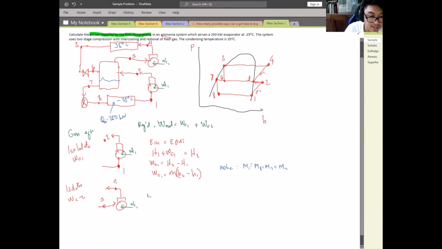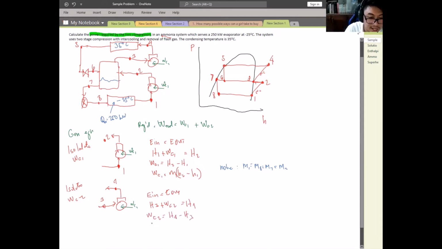So, energy in is equals to energy out. So, ang energy in natin dito, walang iba kundi si H3 and si work of the compressor 2. Ang ating energy out, wala nang iba kundi si enthalpy 4. So, by simplifying, magiging ito H4 minus H3.